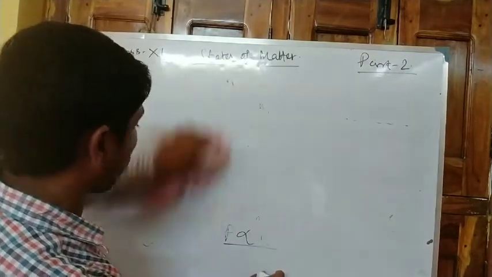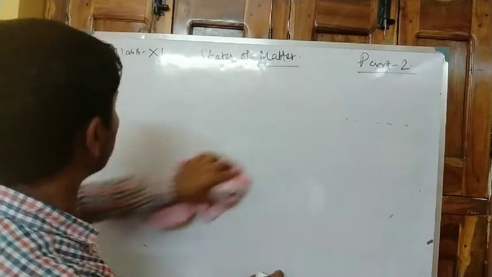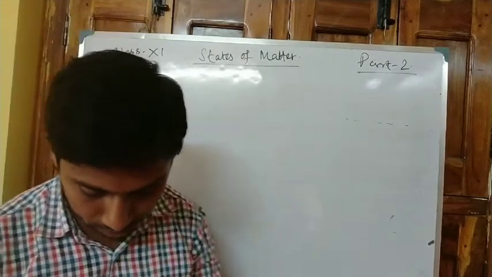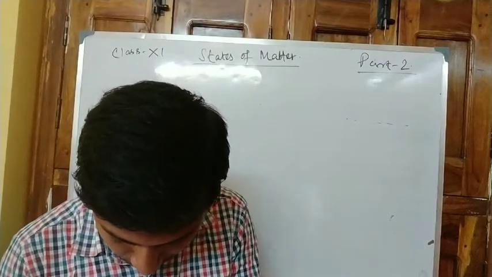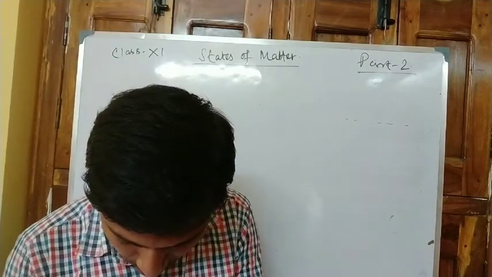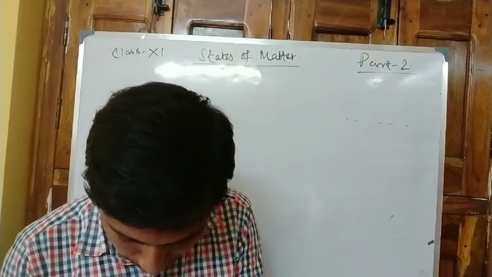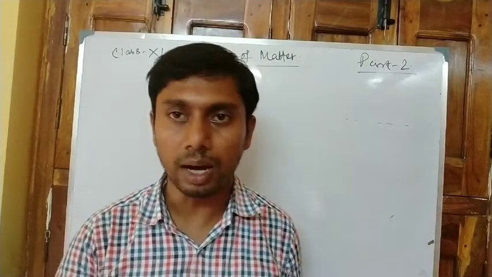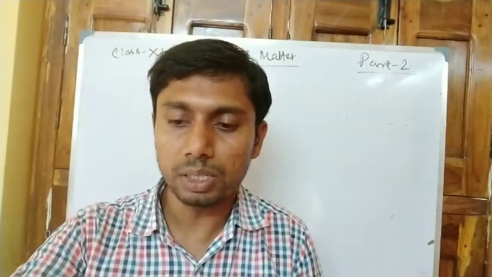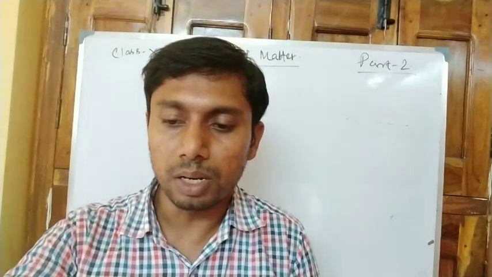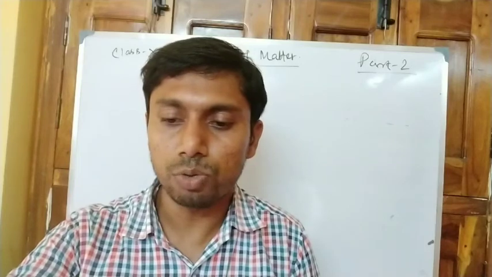Now there is a problem given in your NCERT in-text questions regarding the gas law, that is Boyle's law. A balloon is filled with hydrogen at room temperature. It will burst if pressure exceeds 0.2 bar.